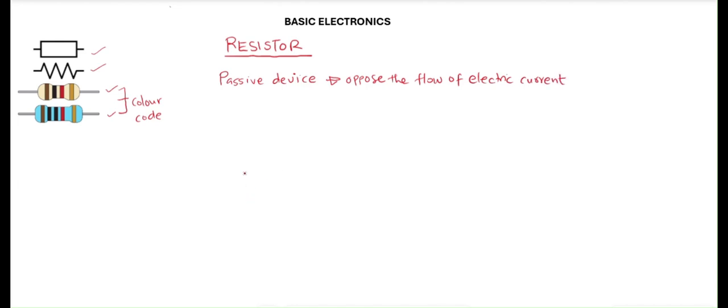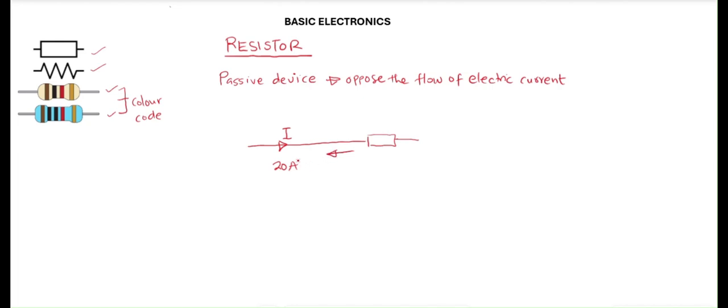So let's say we have a conductor and current is flowing through the conductor. What the resistor does is oppose the flow. Assuming we have 20 amperes flowing through the conductor, the resistor will oppose it.